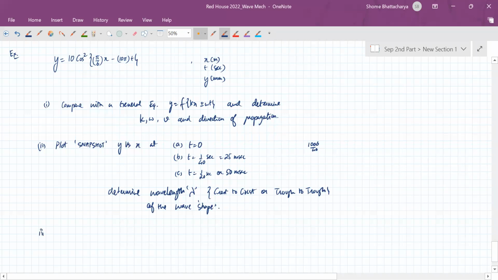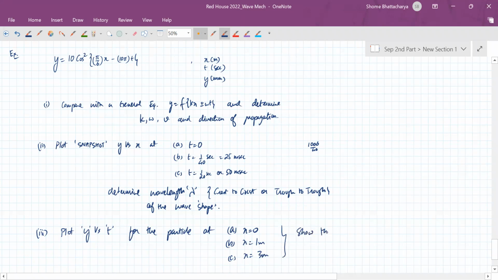And third, plot y versus t for the particle at x equal to 0, x equal to 1 meter, x equal to 3 meters. Okay.